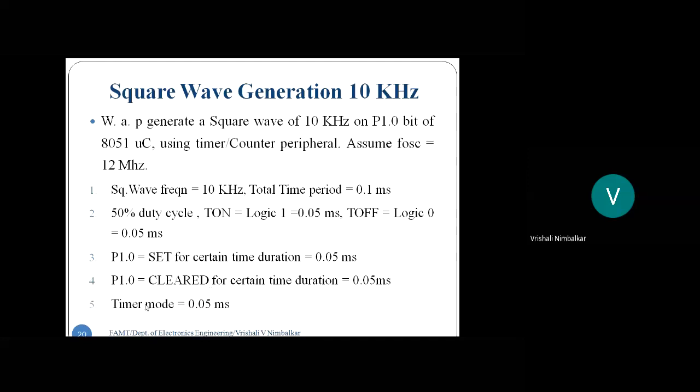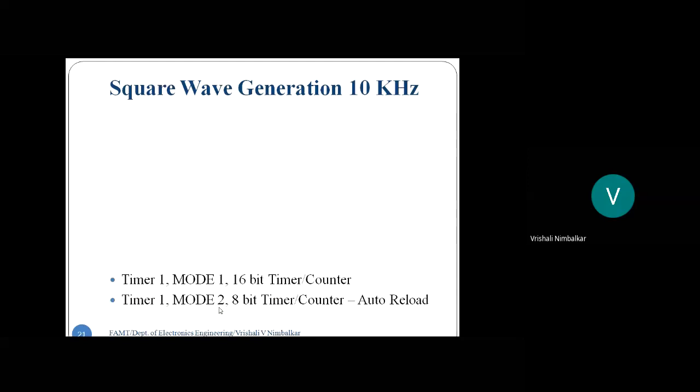Okay, so let us go for timing calculations. I'll be using the timer. The peripheral will be in timer mode and it will generate a delay, or a time duration, of 0.05 millisecond. So let us begin with the count calculations. The formula for finding out the count is oscillator frequency divided by 12 into required frequency.